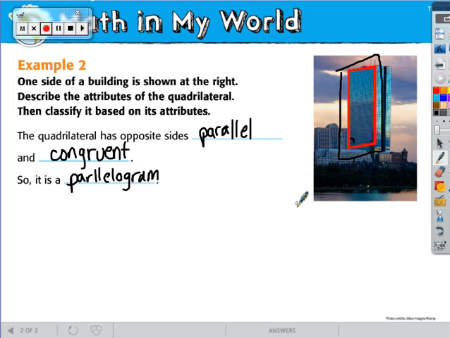The picture's different, but the shape's the same, isn't it?